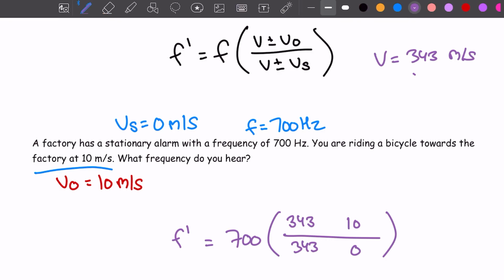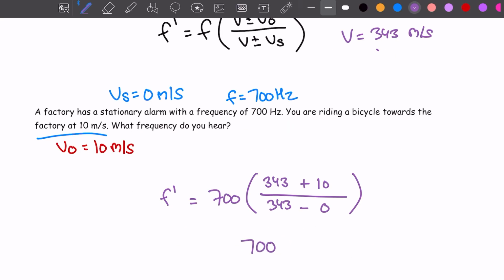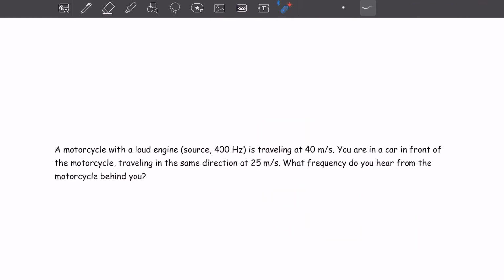So here we're going to plus, and down here we're going to plus or minus. It doesn't matter because it's 0. So we have 700 times 353 over 343. And we're going to get roughly 720 Hertz.